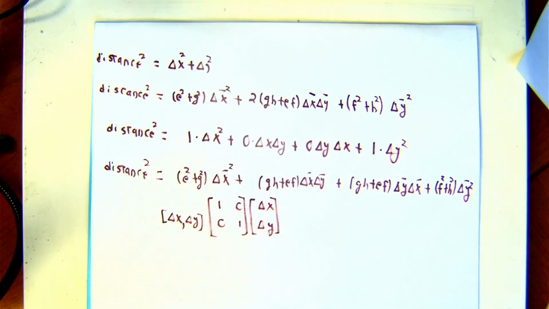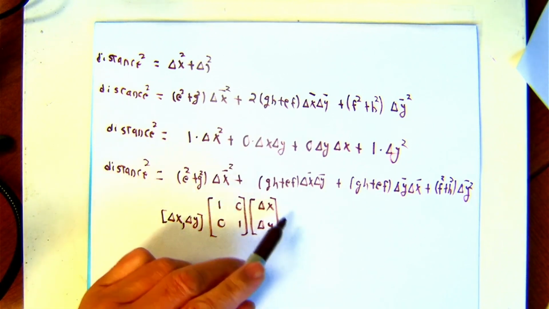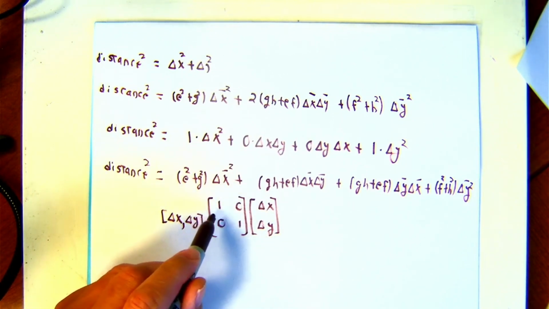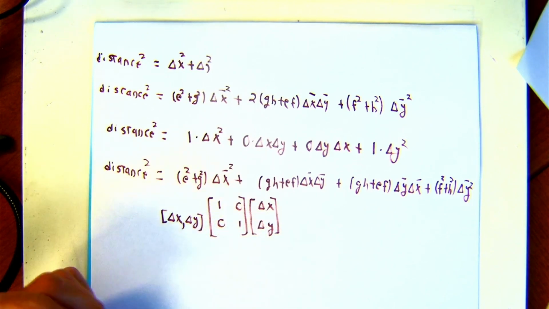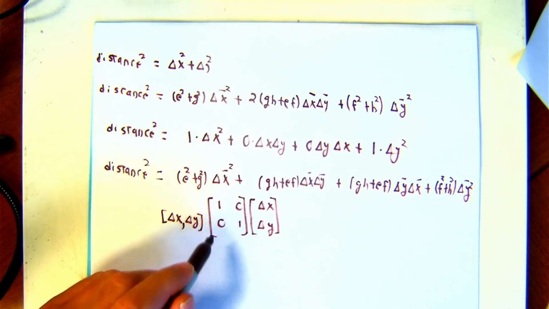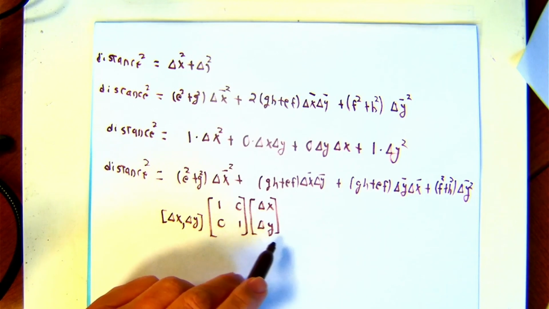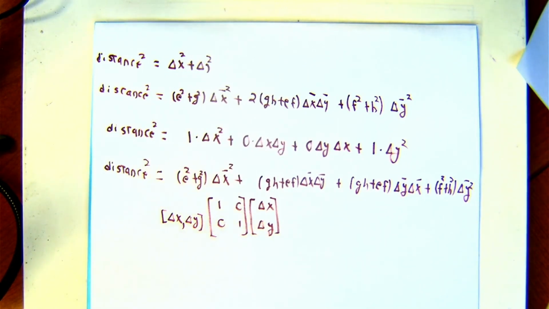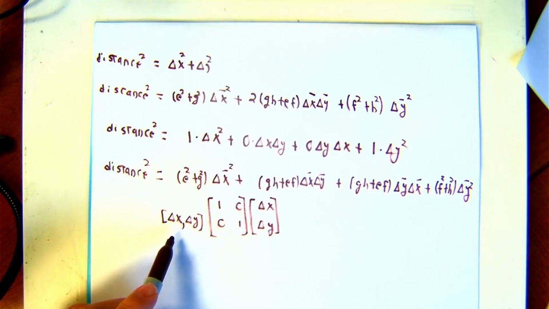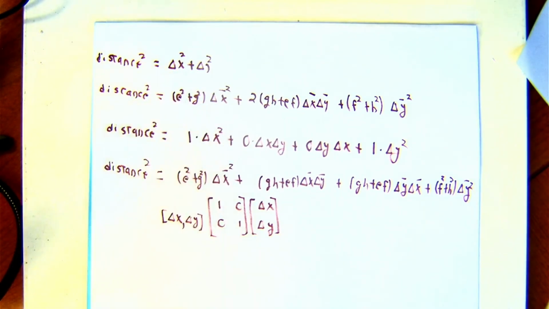If you were to multiply this out, just the identity matrix times the column would be 1 times delta x plus 0 times delta y in the first position, delta x, and 0 times delta x plus 1 times delta y in the second position, which would just be delta y. You would take the row delta x delta y, multiply it by the column delta x delta y, and get delta x squared plus delta y squared, which is, in fact, the square of the distance between P and Q.